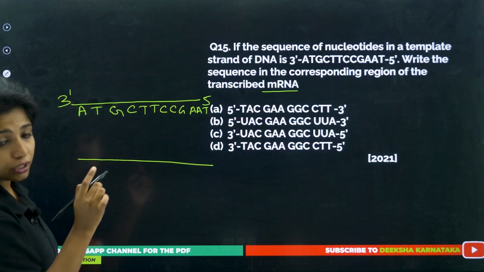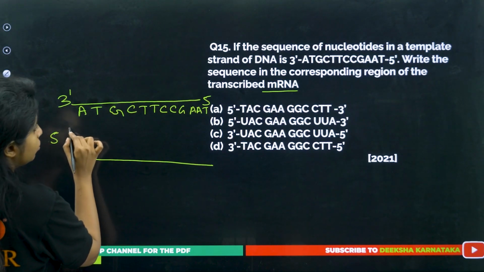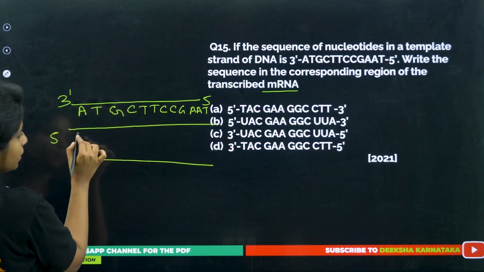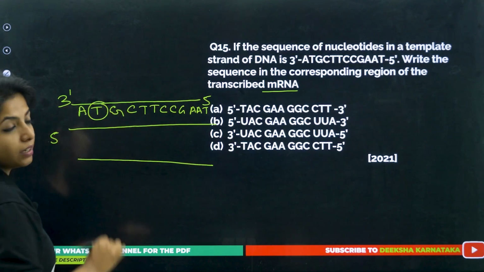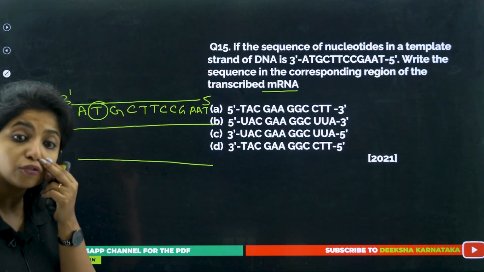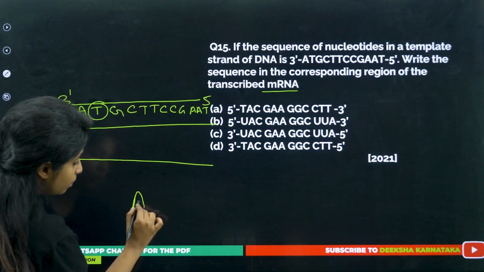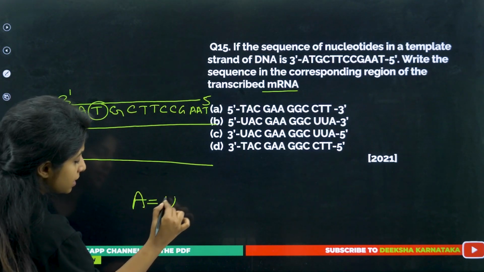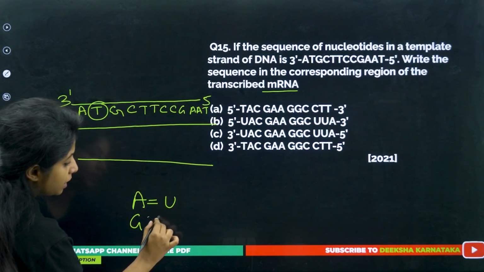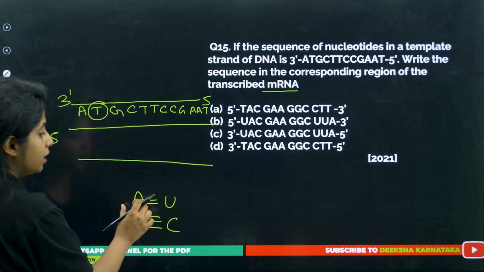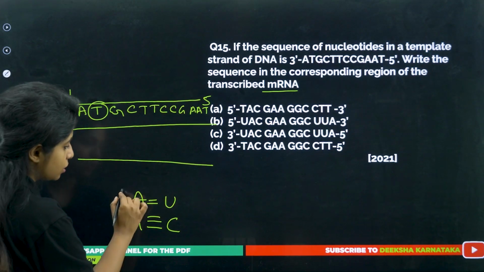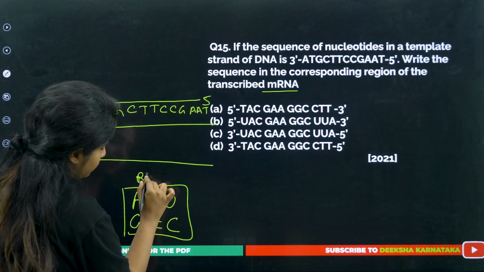It will be in 5' to 3'. It is an RNA. In DNA you had thymine. In RNA you have uracil. So guanine will be binding with cytosine, adenine will be binding with uracil in the case of RNA.